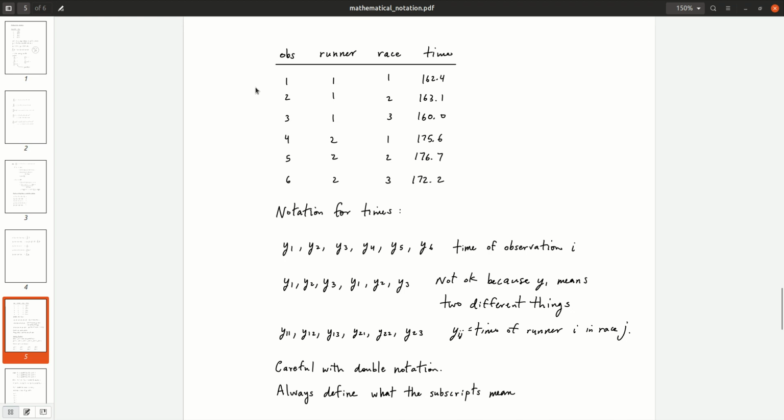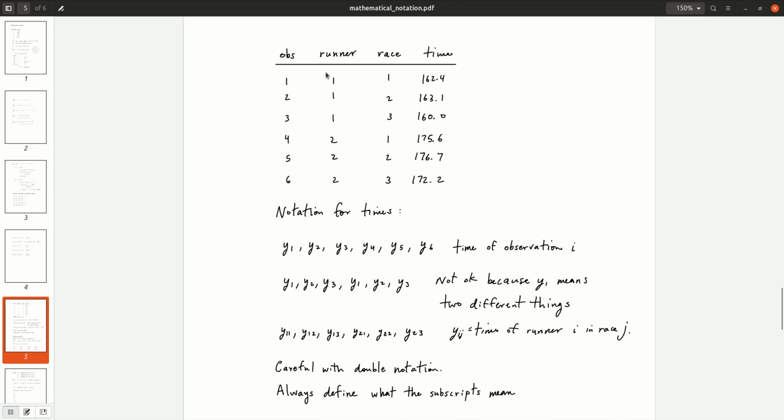So if you look at this data, you'll see that the first 3 observations correspond to marathon times from the first runner in our data set. The second 3 correspond to marathon times from the second runner in our data set. And then the third column tells us, at least it's a label that tells us, which race the marathon was run at. So of course the runner, this is just a label as well.